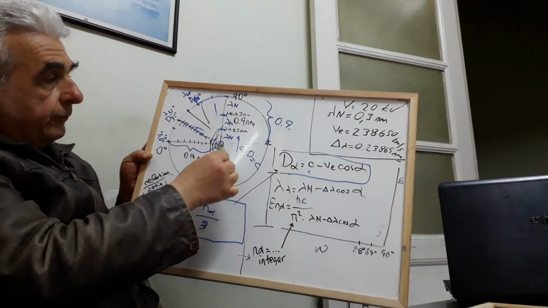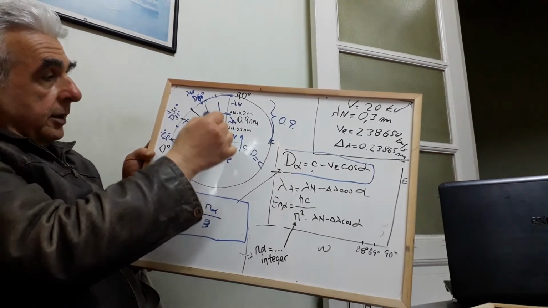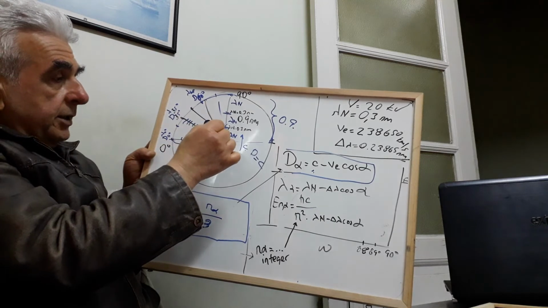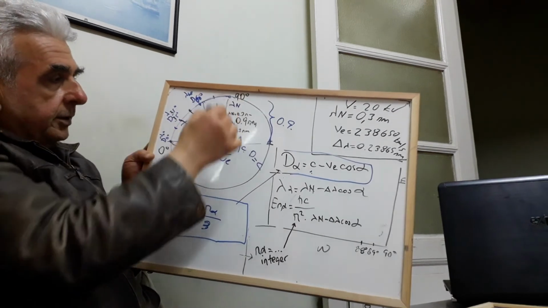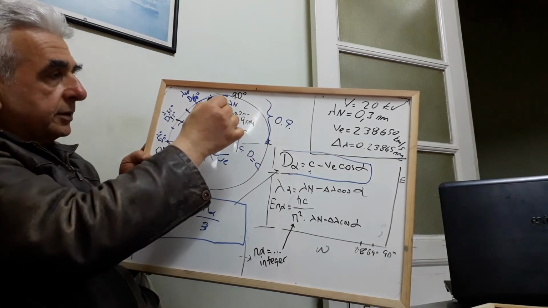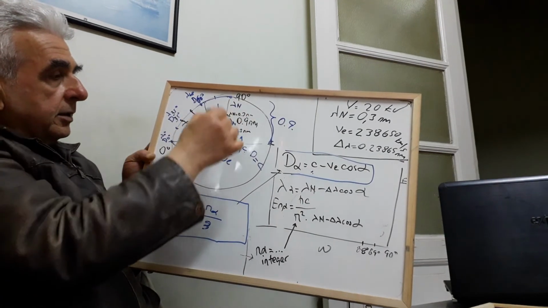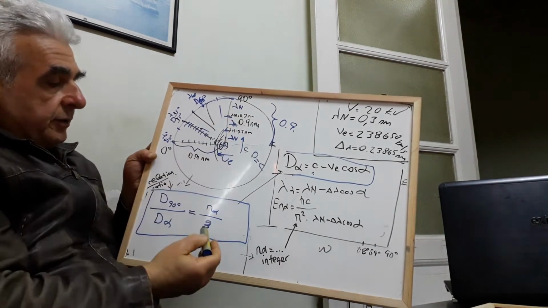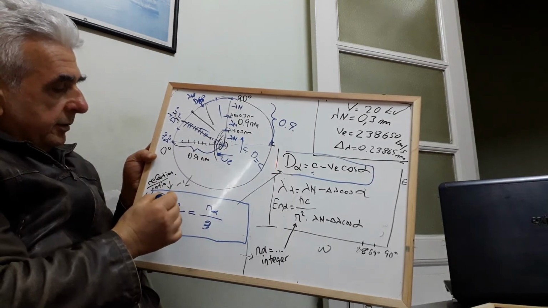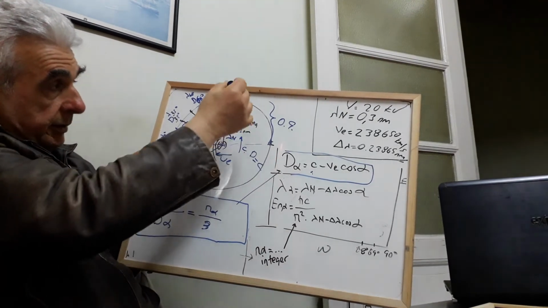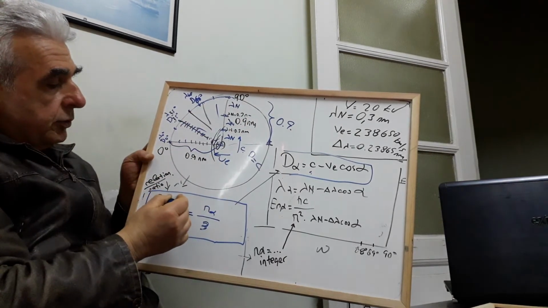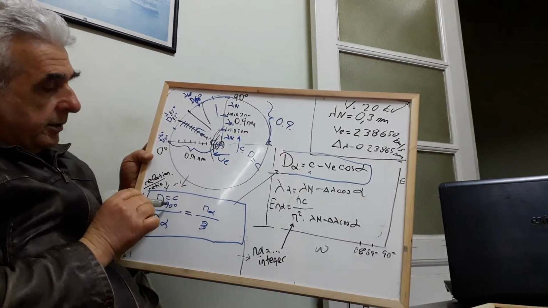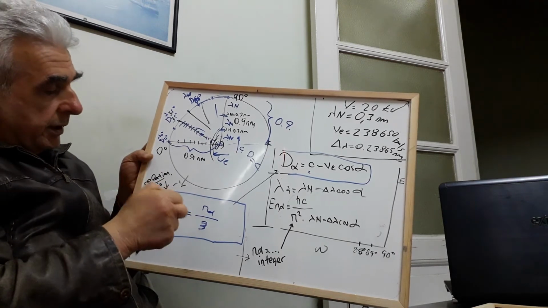From this point to that point the number of successive waves is 3, and in the 90 degree direction, the velocity equals c. Don't forget this.